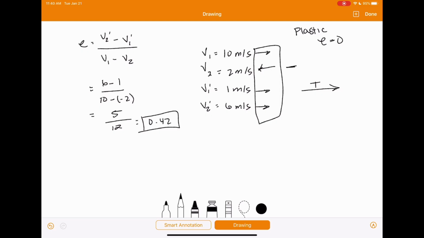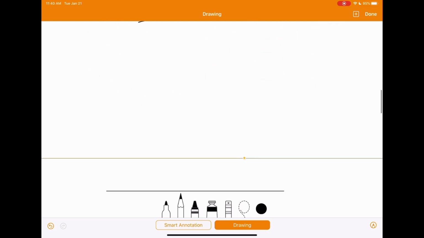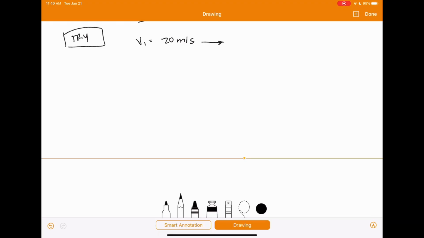All right, let's go ahead and try one of these on your own. Let's do V1 equals 20 meters per second this way. V2 is 10 meters per second this way.